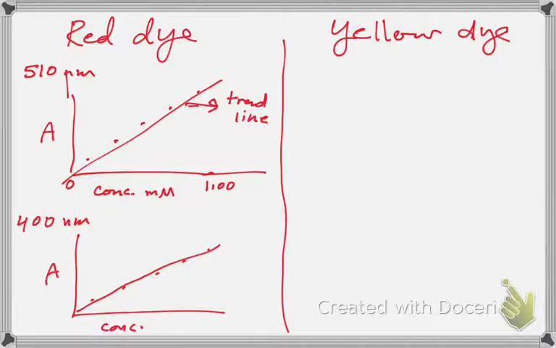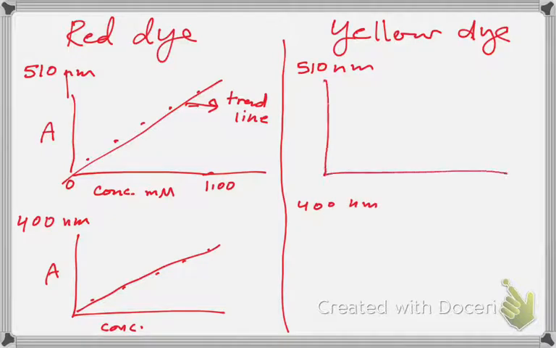Yellow almost absorbs nothing at 510 nanometers and absorbs significantly high at 400 nanometers. So you're going to have the graph here that's almost going to look like this, because it's almost zero absorbance, so almost zero slope.